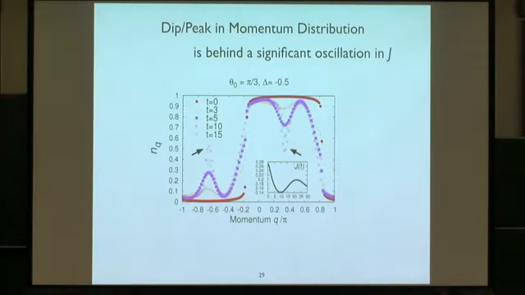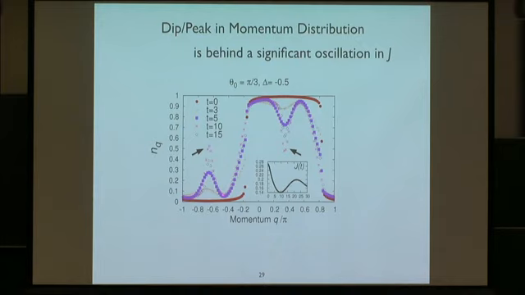Oh yeah. Good point. Maybe I forgot to include that slide. But yes, eventually this peak merges with this original distribution, and this dip kills this part of the distribution, but not completely.